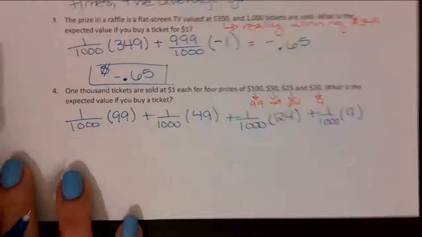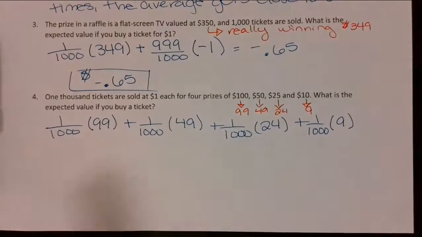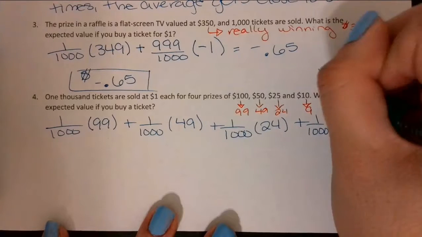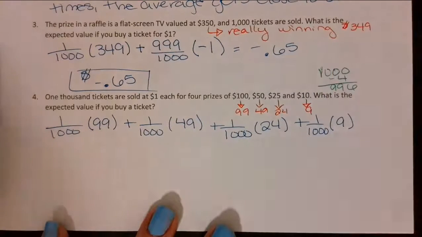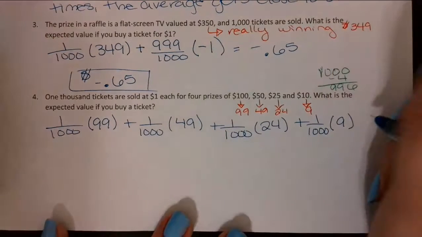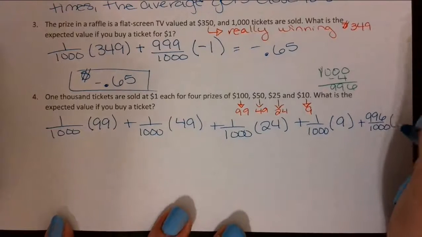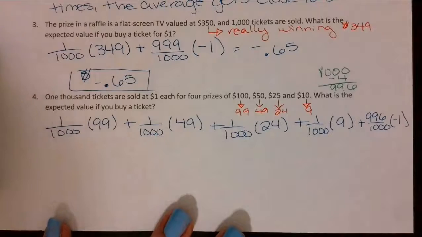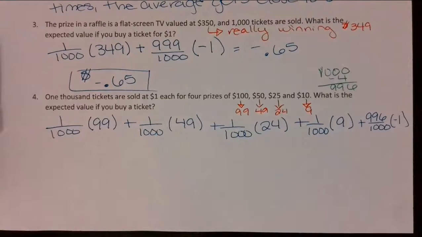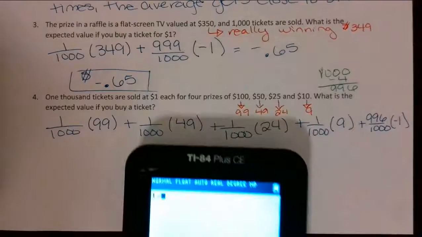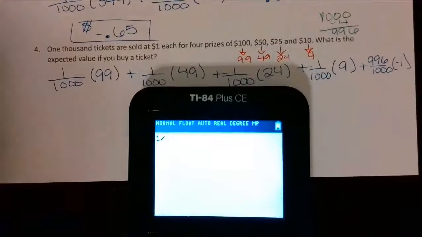Now, remember, there are losing tickets. There are 4 winning tickets, so let's do this again. I have 1,000 minus 4, which gives me 996 losing tickets. So what I need to do is my final one is going to be 996 over 1,000 times negative 1 for all those losing tickets. And I'm going to type this into my calculator without covering my screen too much.